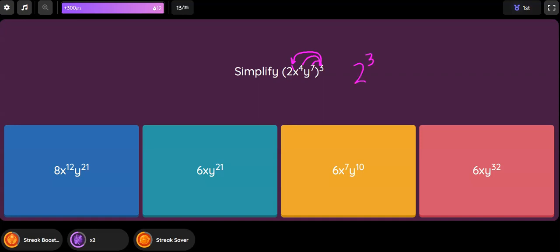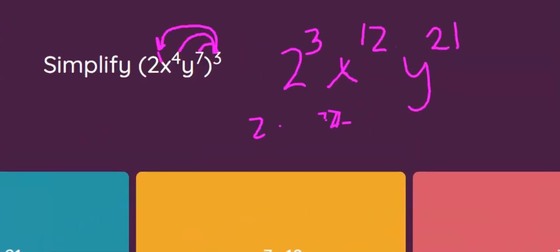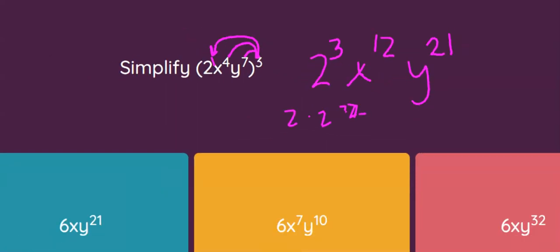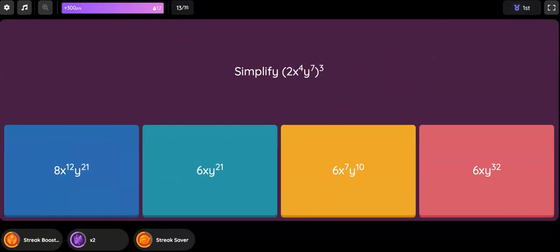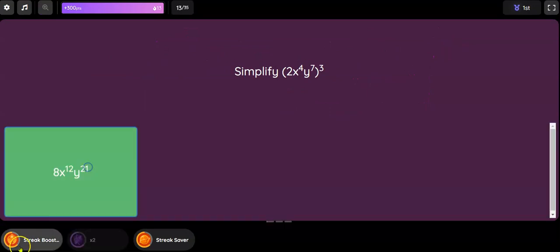So 1 times 3 is 3, 4 times 3 is 12, 7 times 3 is 21. 2 to the third power, 2 times 2 times 2, which is 8. So 8, x to the 12th, y to the 21st.